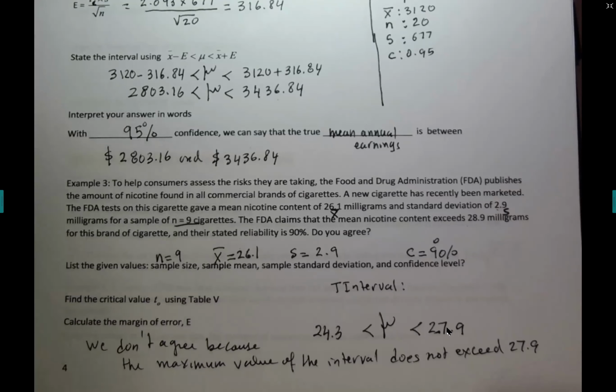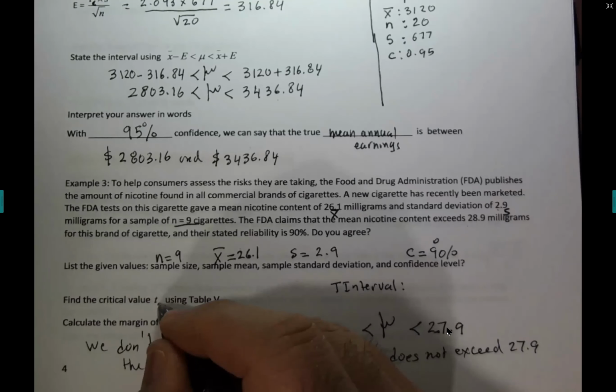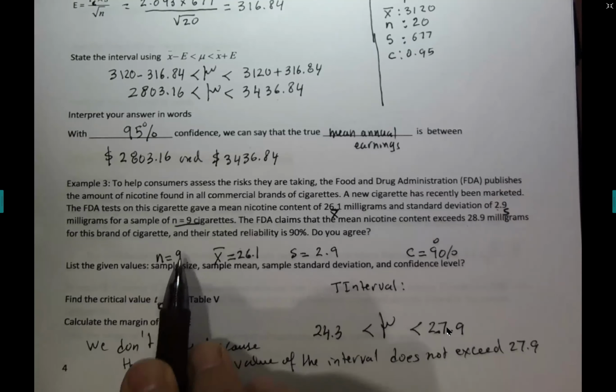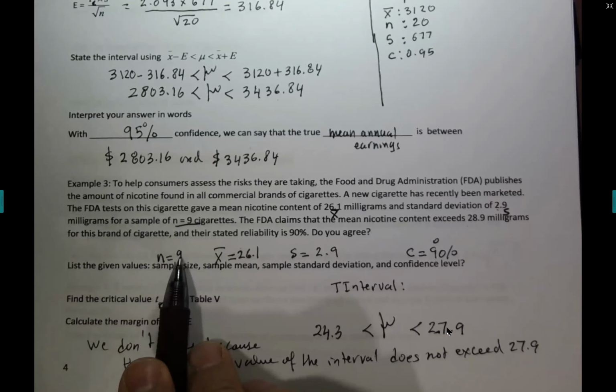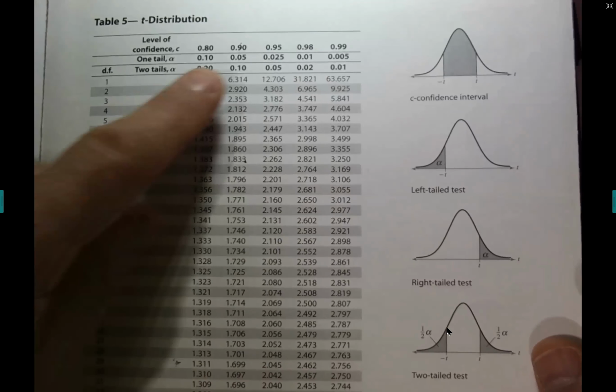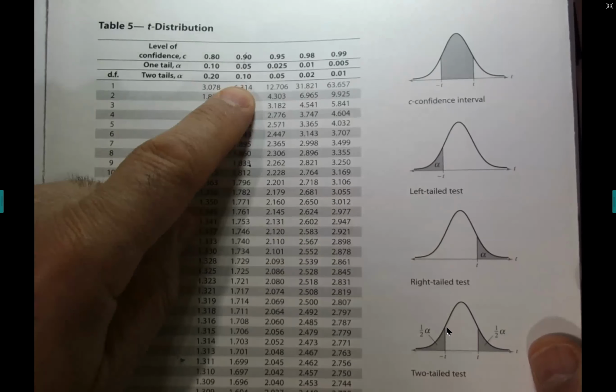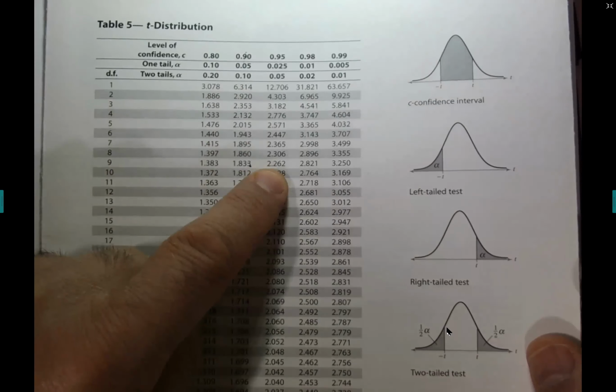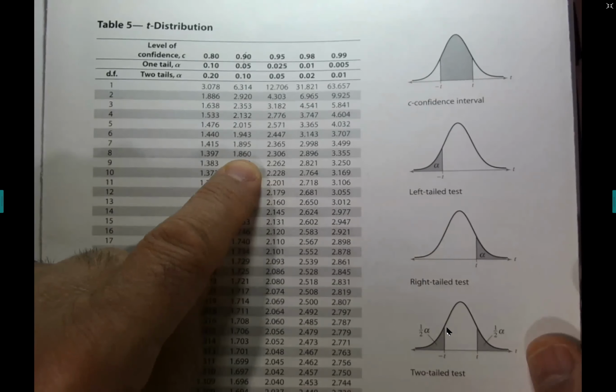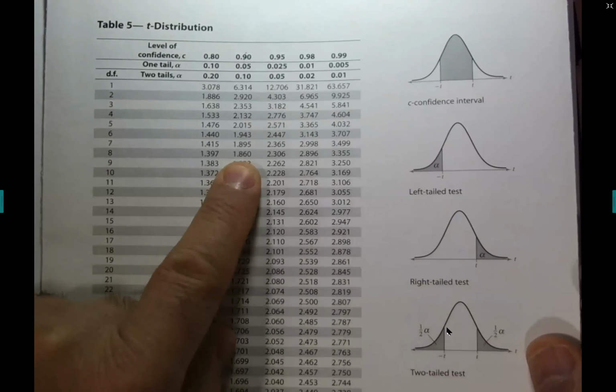Some students prefer to do the work by hand, but I wouldn't mind if you use, as I said, just technology. You would have to find TC, guys, first, which is you need 8. And why 8? Because you have to subtract 1 to get degrees of freedom, and 90%. And watch, guys, 90% is right here, and 8, it will be right there, 1.860.